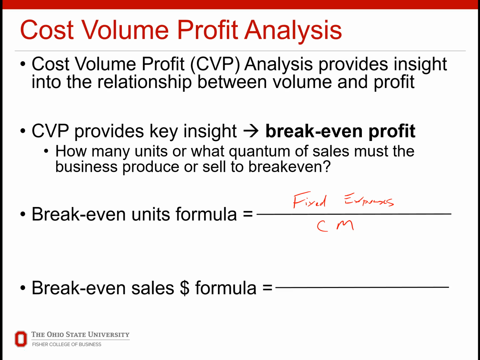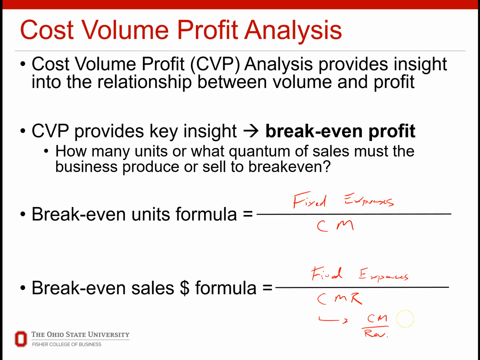If we wanted to determine the break-even sales in a dollar amount, well, we would also use the fixed expenses in the numerator again, and then divide by a contribution margin ratio, which is simply just the contribution margin divided by revenue.